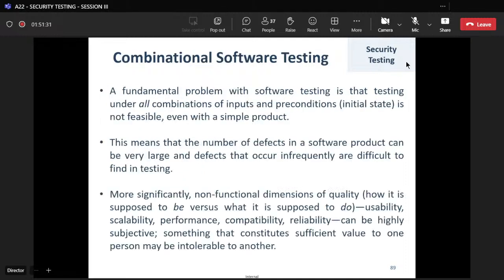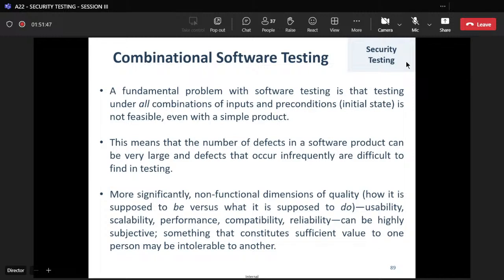Then combinational testing. When you say combinational, it is because it is not possible to test all the combinations. So what they do is choose what is feasible for that particular application program.